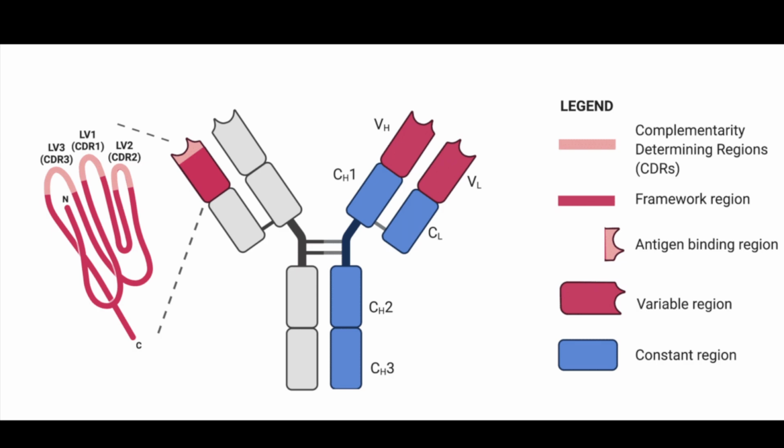And these three loops are the actual parts that are interacting with the antigen and binding very strongly to that antigen. And so the thing about these antibodies is that your body doesn't know what sequence of amino acids in that complementarity determining region will bind an antigen on the pathogen.